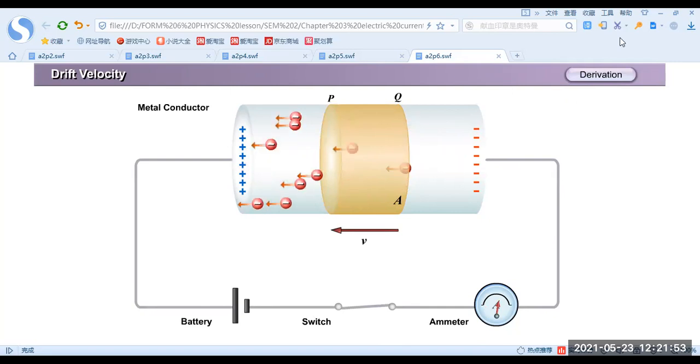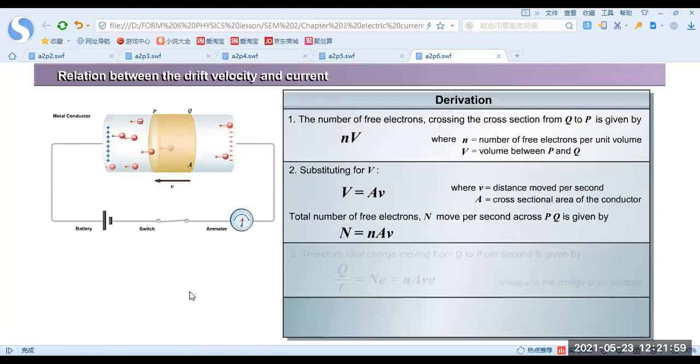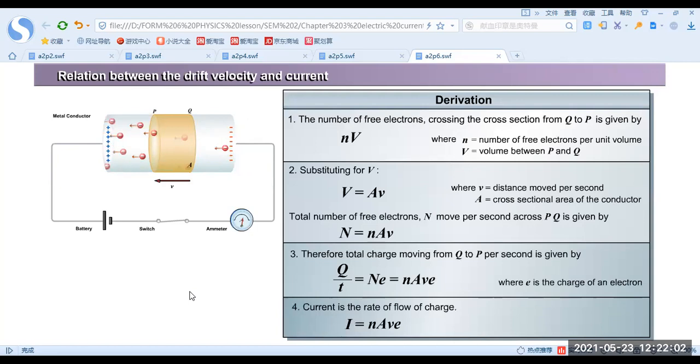Ladies and gentlemen, the number of free electrons crossing the cross-sectional area from Q to P is given by the formula nV, where V is the volume between P and Q. Substitute for V: V equals A v, where small v is the distance moved per second and A is the cross-sectional area.